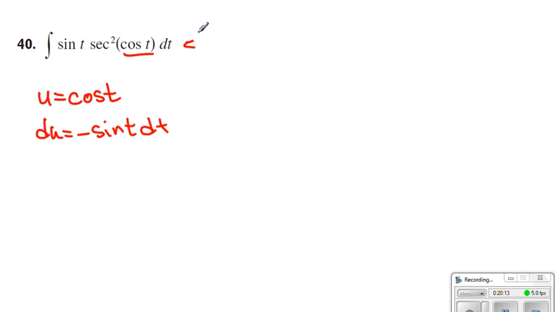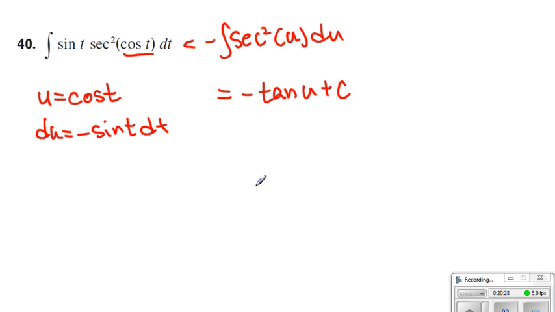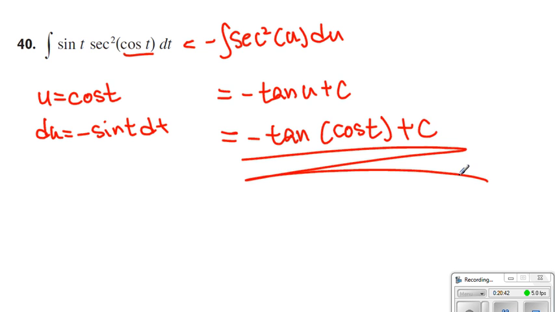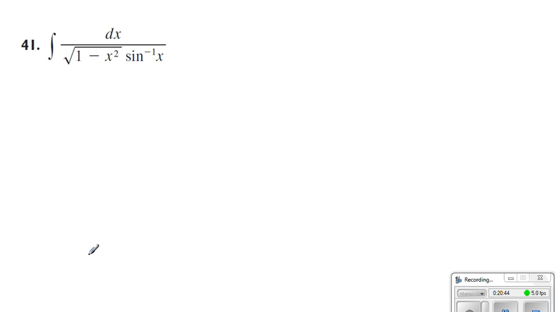Then I can rewrite this one as, with the negative sign going over to the other side, negative secant square of u du. Then this becomes negative tangent u plus c, where since u is equal to cosine of t, this becomes negative tangent of cosine of t plus c. That's what we end up getting, number 41.